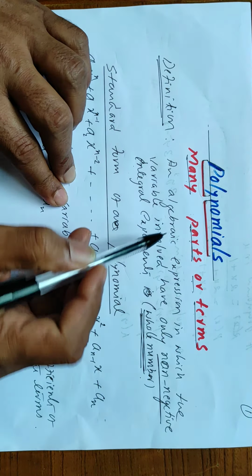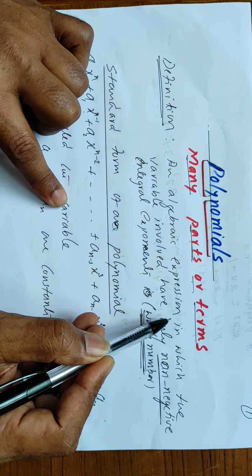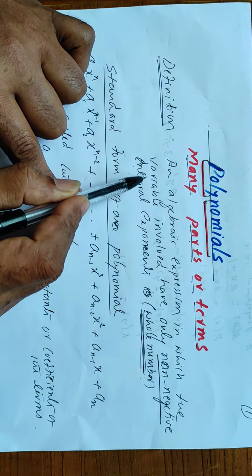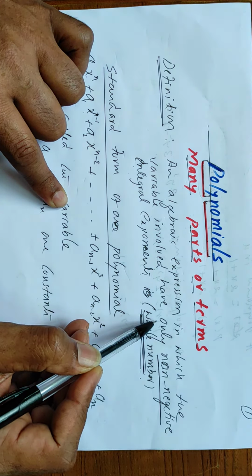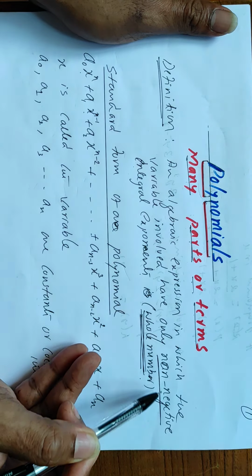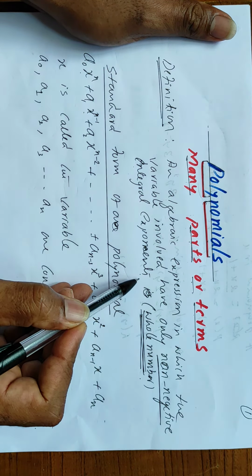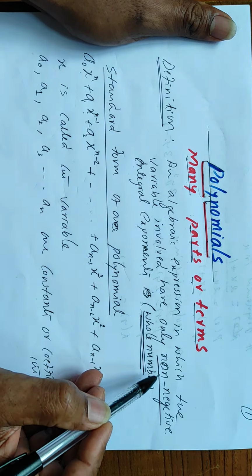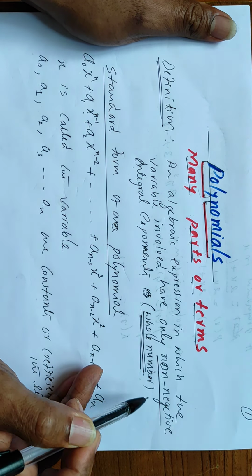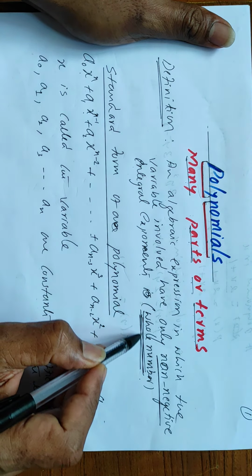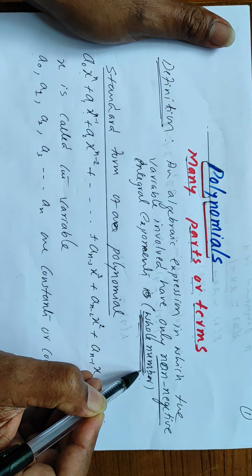Precisely, we can say that it is an algebraic expression in which the variable involved has only non-negative integral exponents. That means the exponent of the variable in the expression should be a whole number.